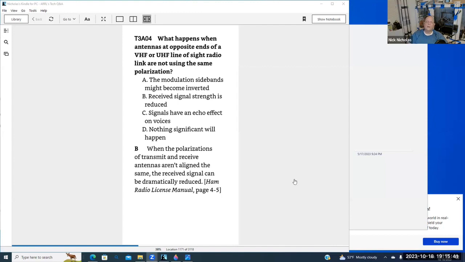Sometimes it comes back at an angle where it's not coming back horizontal or vertical. It's coming like 45 degrees out. Under those conditions, it doesn't matter. But as a rule, you want antennas to be the same orientation, vertical or horizontal. So yes, we have different antenna orientations for different applications.